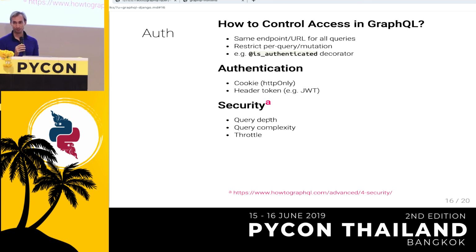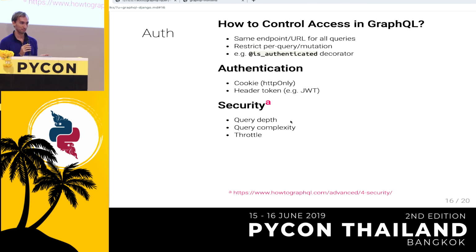As with every new technology, there are some new security aspects to keep in mind that are not there with REST, I have to admit. For example, because you can query, in theory, you could make circular queries: if you have a user in the post, and the post has an author, you can just go in circles, as deep as you want, and an attacker could exploit this.